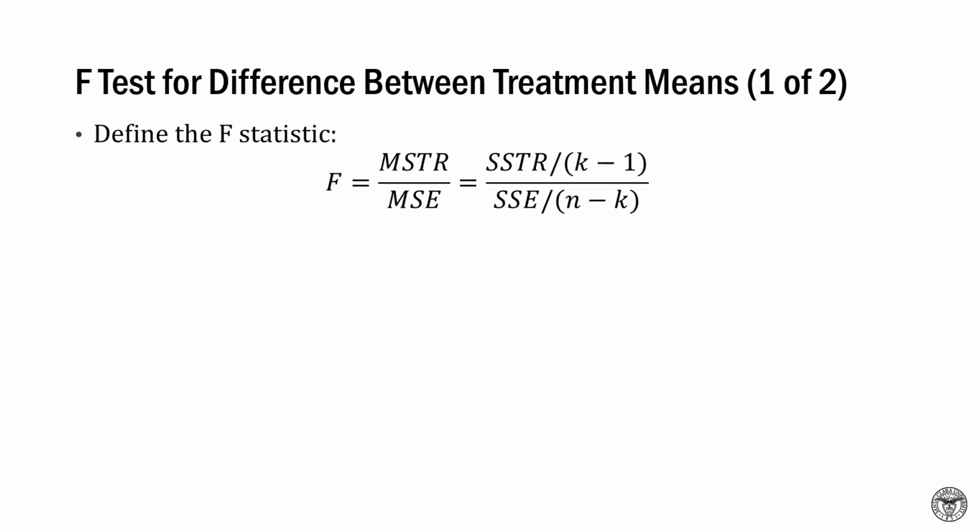The F statistic is calculated as the ratio of the variance between treatment to the variance within treatment. Mathematically, it is MSTR divided by MSE.